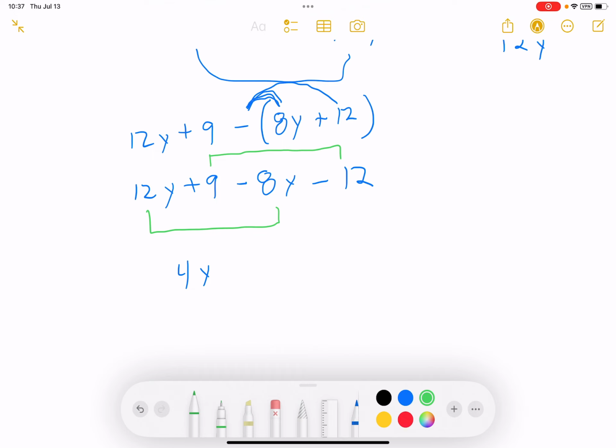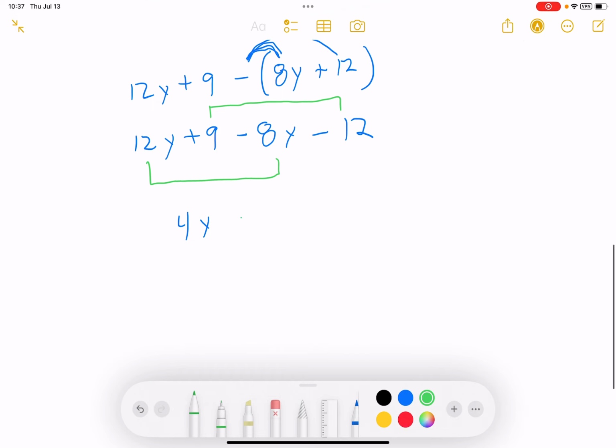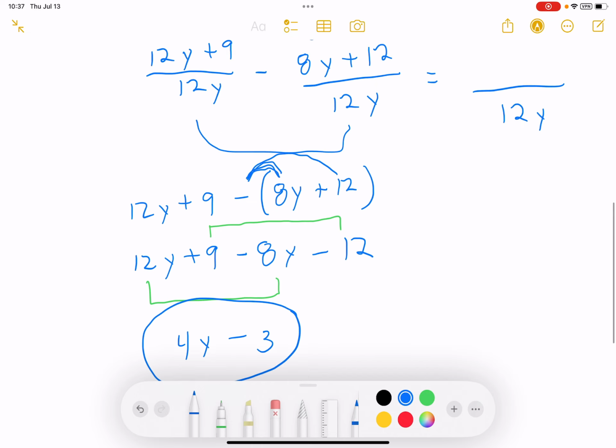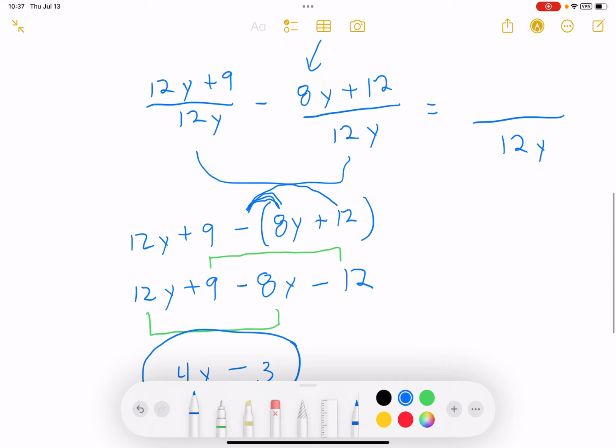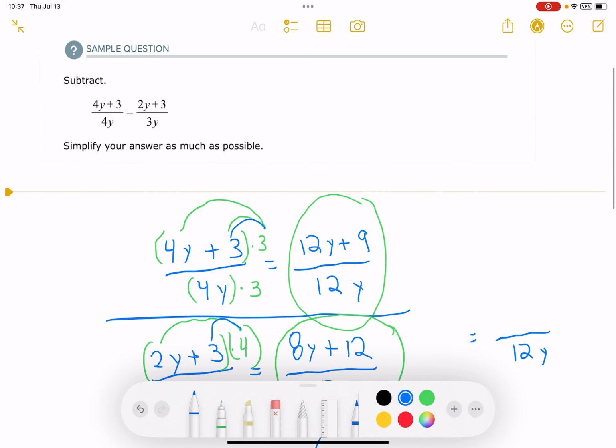Remember, the minus 12 is a bigger number, so the minus sign takes over. Plus 9 minus 12, you think on the number line, you're really going past the 9. It's a minus 3. So this whole thing, this part is really the top. So 4y minus 3 over 12y, and that's the answer for this problem.